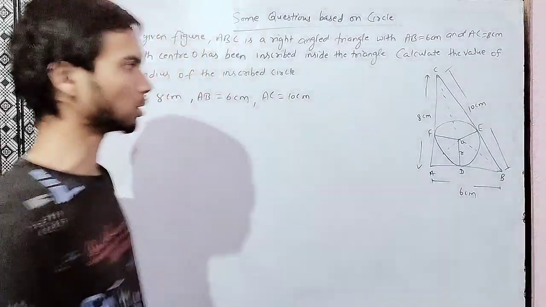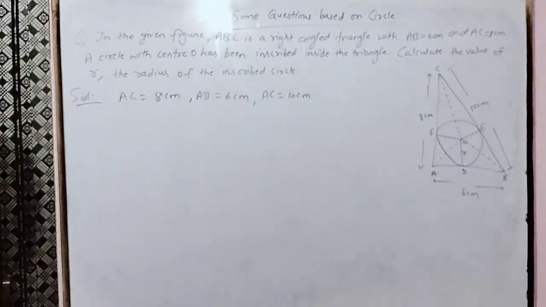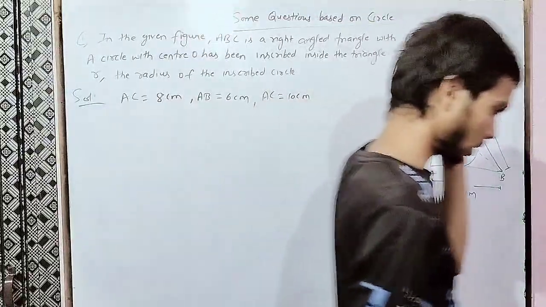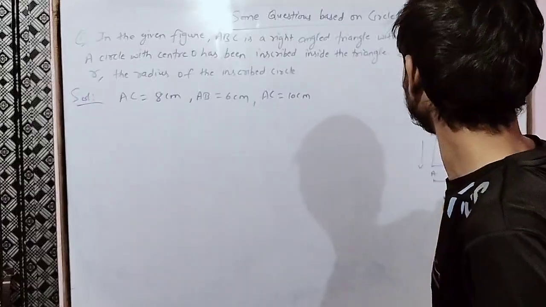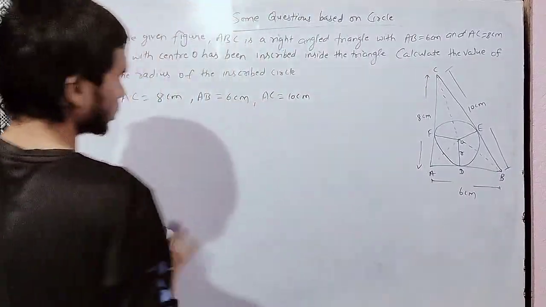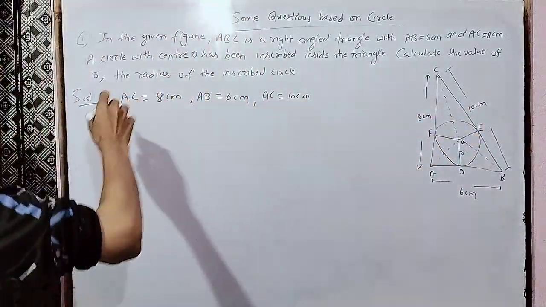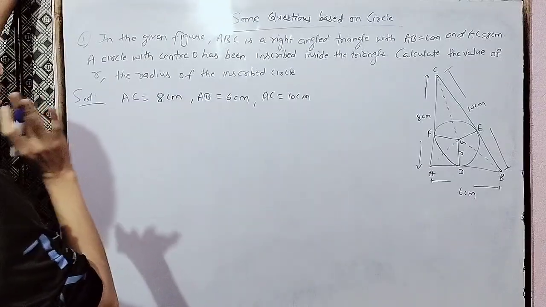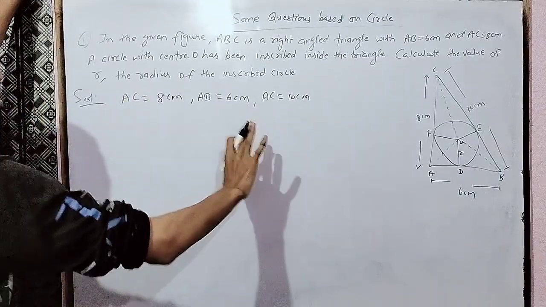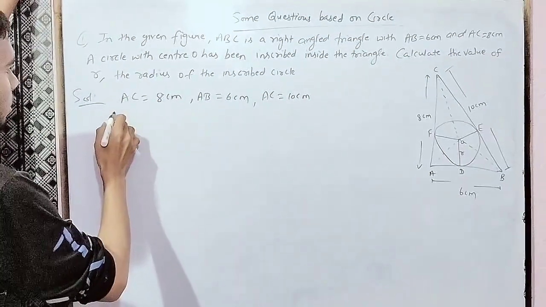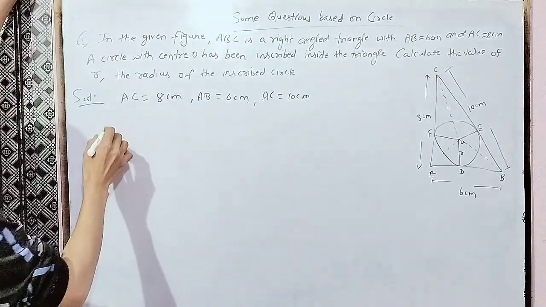Clear? If the question is like that, then what can be done? First we can find the area of the triangle, and the question is to find the measure of the radius. Don't worry.